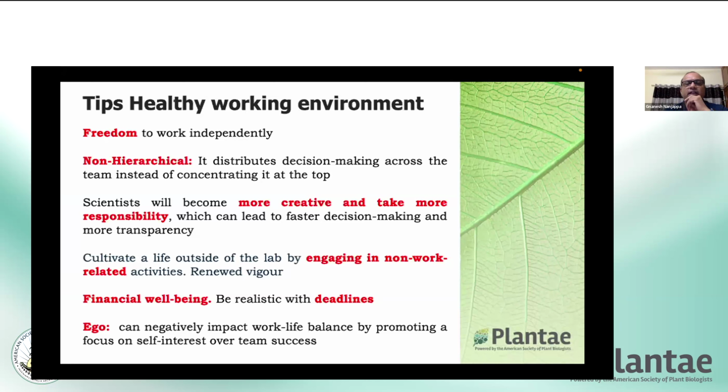Another important thing is to cultivate a life outside of the lab. We should have a good bonding or good life outside the lab. We should stop thinking about the work when we come outside the lab. Engaging in non-work related activities definitely increases renewed vigor.